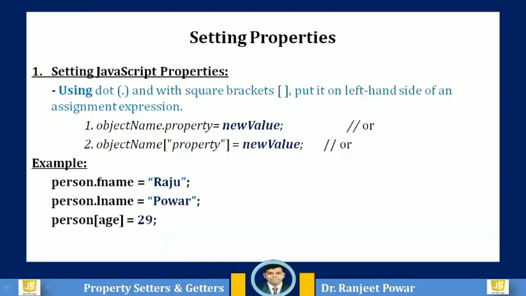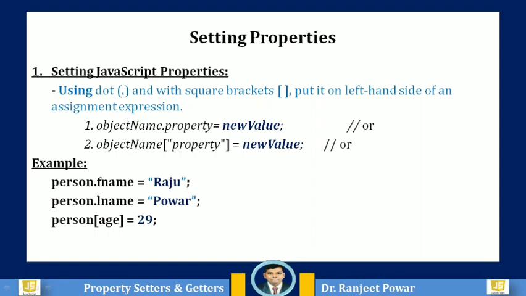To set a property, use a dot or square bracket as I explained in the accessing properties part of the video, but put them on the left hand side of an assignment expression. That is, object name dot property is equal to new value, or object name in square bracket the string as property is equal to new value.